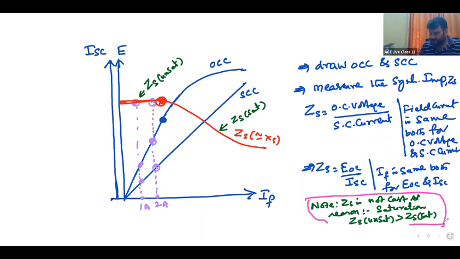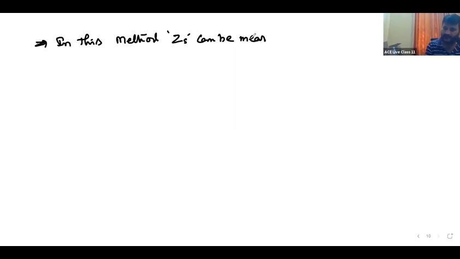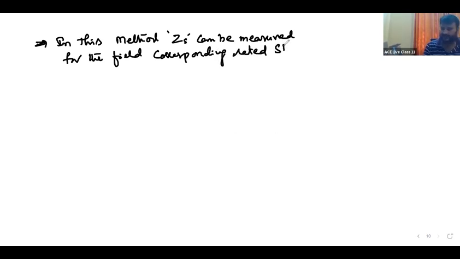In this method, ZS can be measured for the field current corresponding to the rated short circuit current.